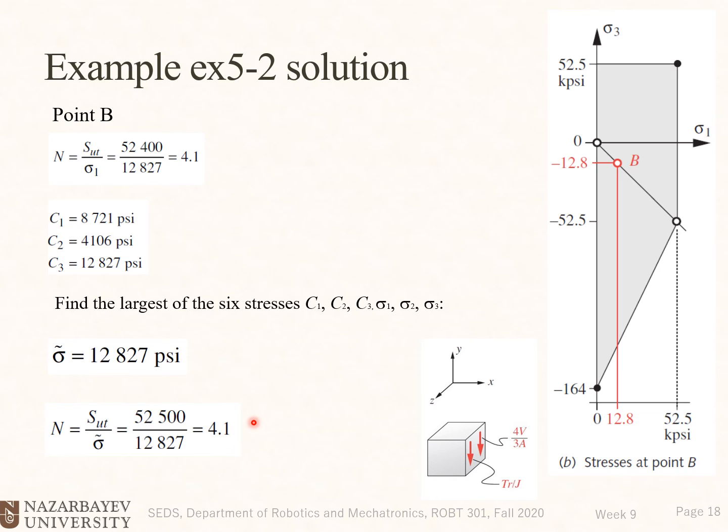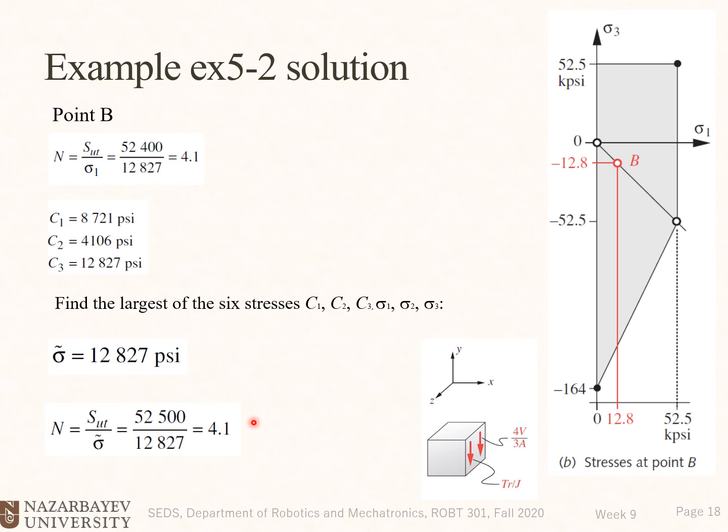Okay, so we are done with this example, and you see that it's quite straightforward for both ductile and brittle materials. The first part is to identify and calculate applied stresses. Then we need to use a Mohr circle to find sigma 1, sigma 2, sigma 3, tau max.